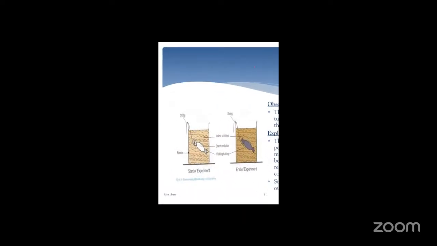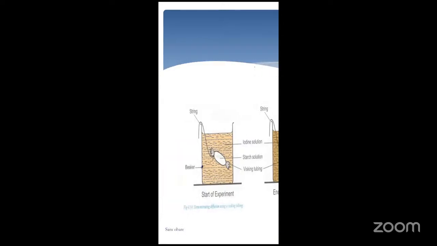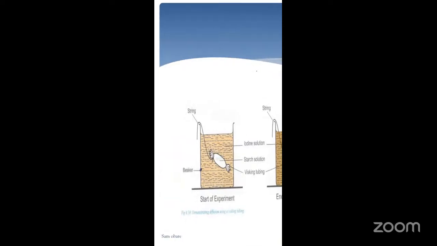The only difference is a cell membrane is natural and a whisking tubing is synthetic. So like in this diagram that I'm demonstrating here, you can see the whisking tubing. So this is the whisking tubing, this one here, hii ndio inaitwa whisking tubing.